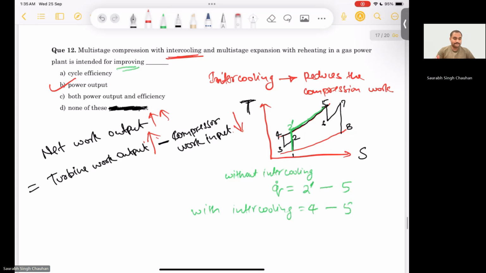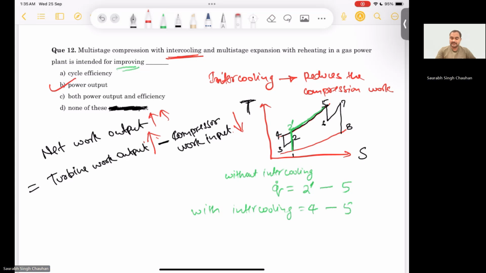Okay, so I hope that this intercooling and reheat thing is clear, and this point that power output will be increased but the efficiency can be decreased, that is also clear. And to compensate this decrease in efficiency, we use the heat exchanger, right?